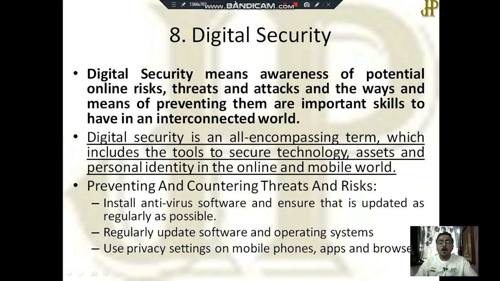Preventing and countering threats and risks can be done by doing some small activities like installing antivirus software and ensuring that it is updated regularly. Regularly update software and operating system. Use privacy settings on mobile phones, apps and browsers. It is very much needed.